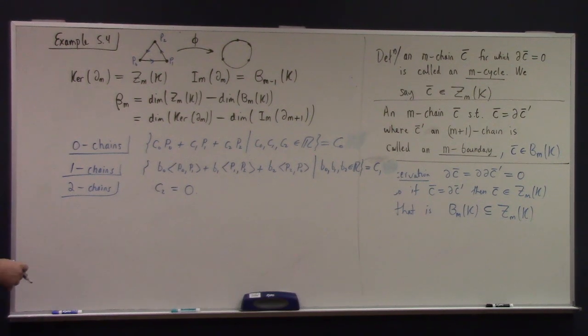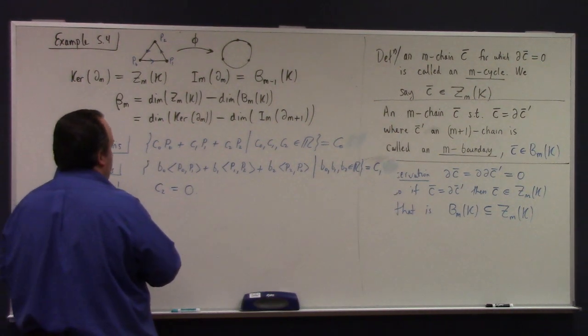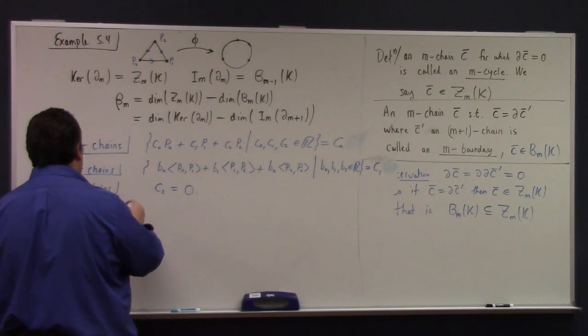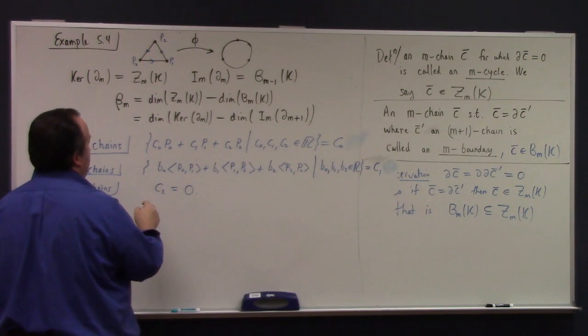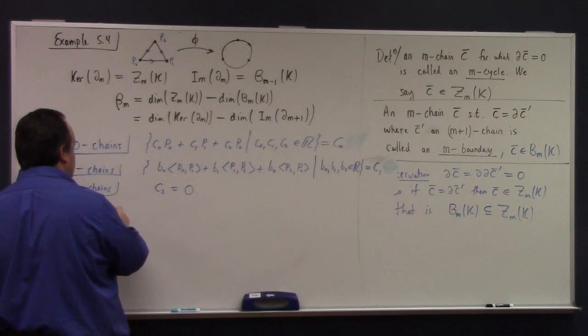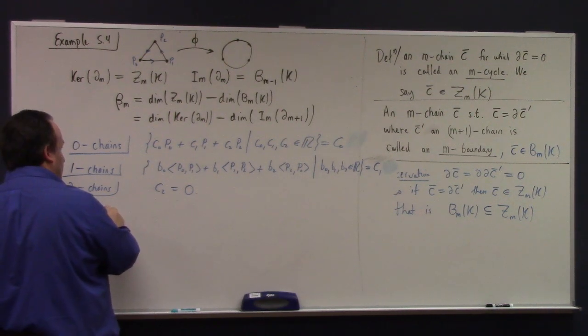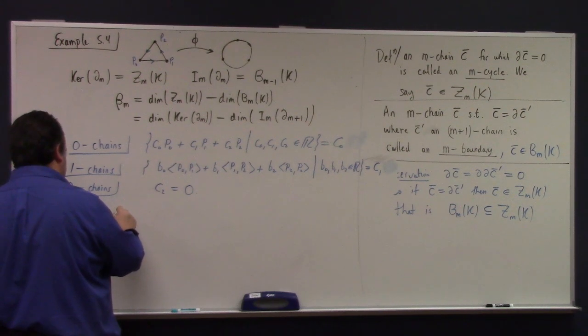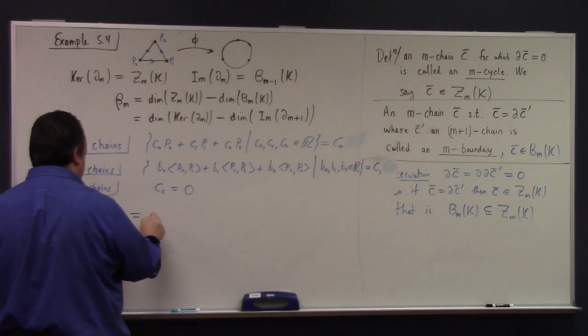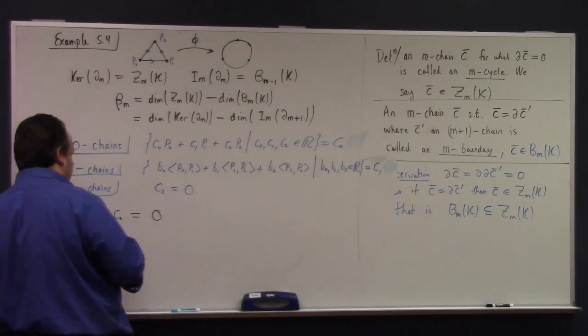All right, if we look at, let's work on the first one. So we already know that the 0 boundary operator acts on C0 to give us what? Big fat 0, right?